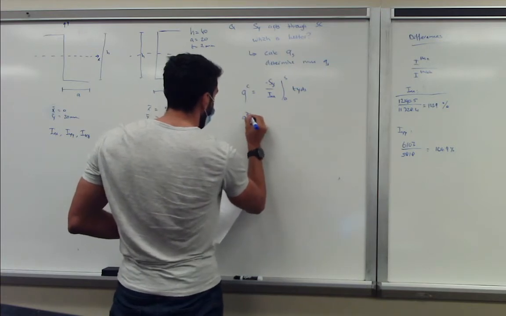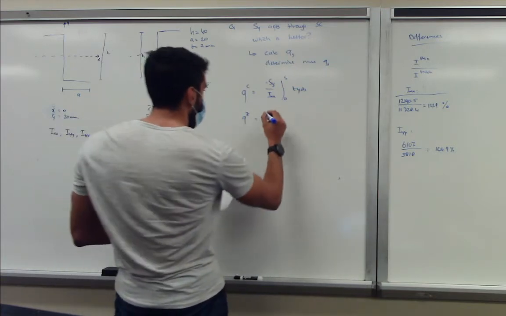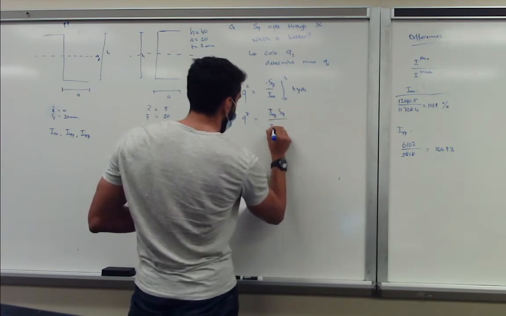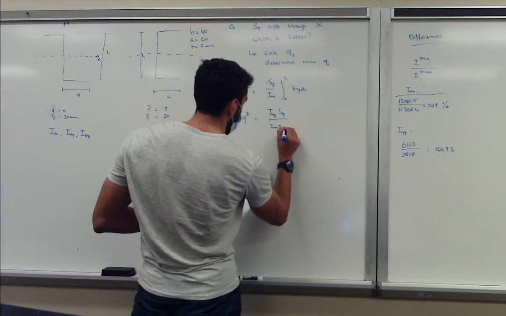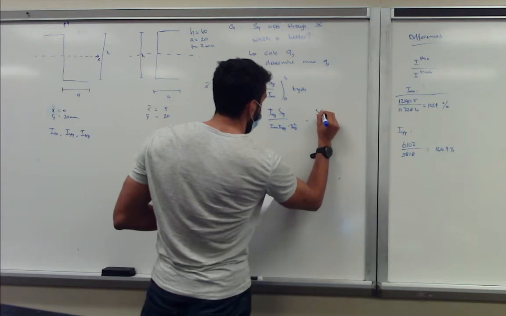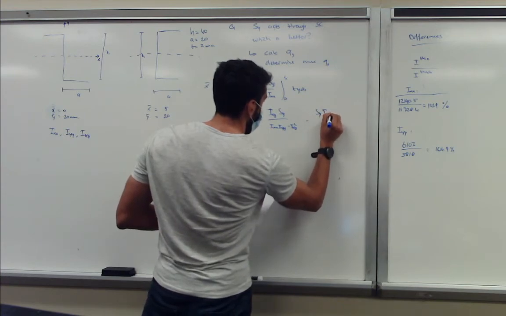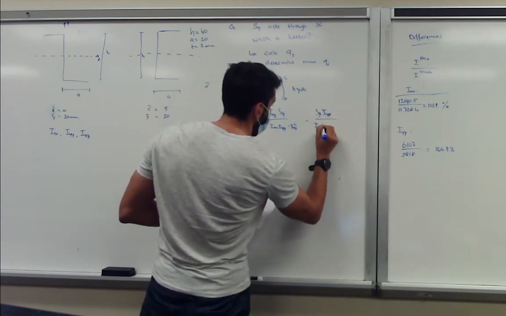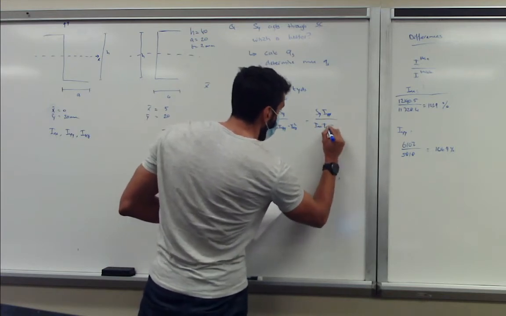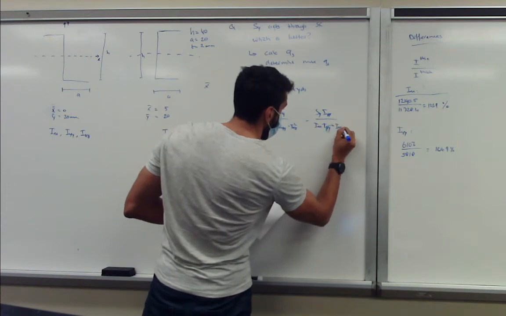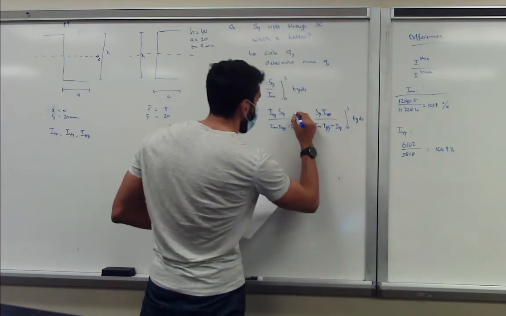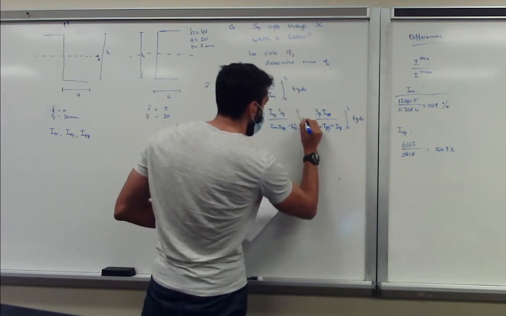And QZ, what we get is IXY, SY, IXX, IYY, IXY squared minus SY, IYY, over IXX, IYY minus IXY squared, integral 0 to S, TY ds. And here we have an integral from 0 to S, dx ds.